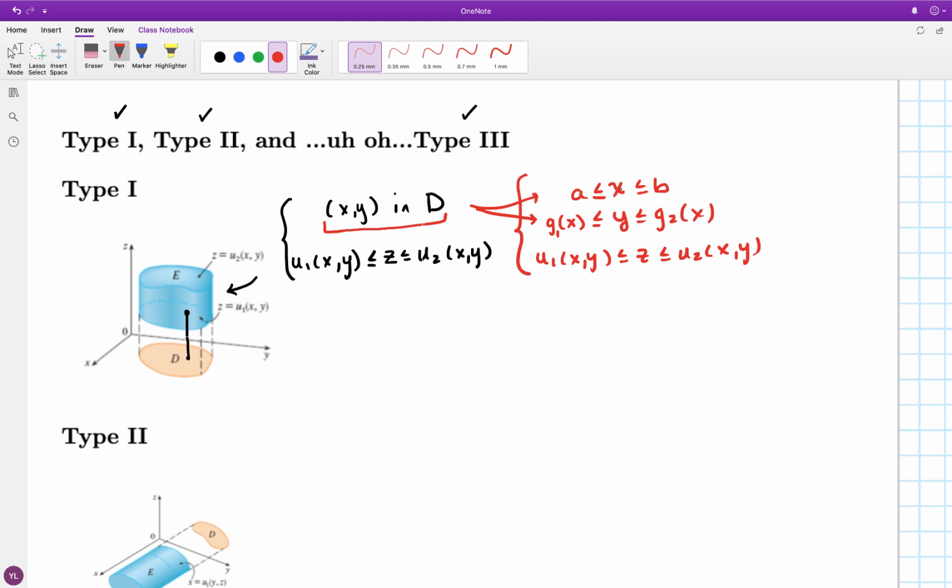So the region in the xy plane is expressed as type 1, and then z ranges between these two surfaces. So this is one option of expressing a region of this type.